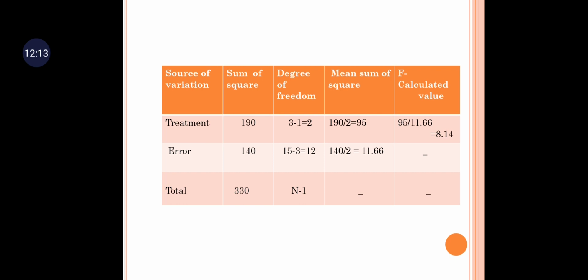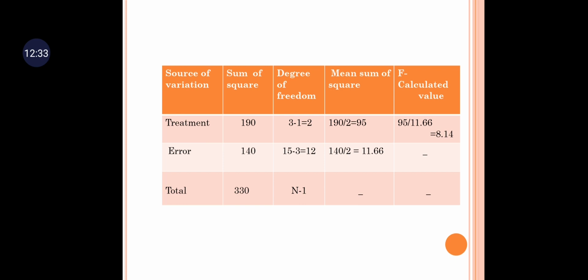Mean sum of squares: 190 divided by 2 is 95. For error, 140 divided by 12 is 11.66.